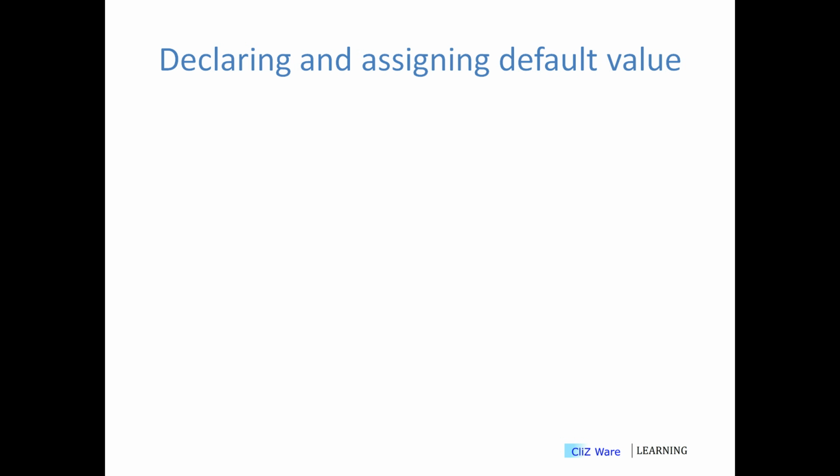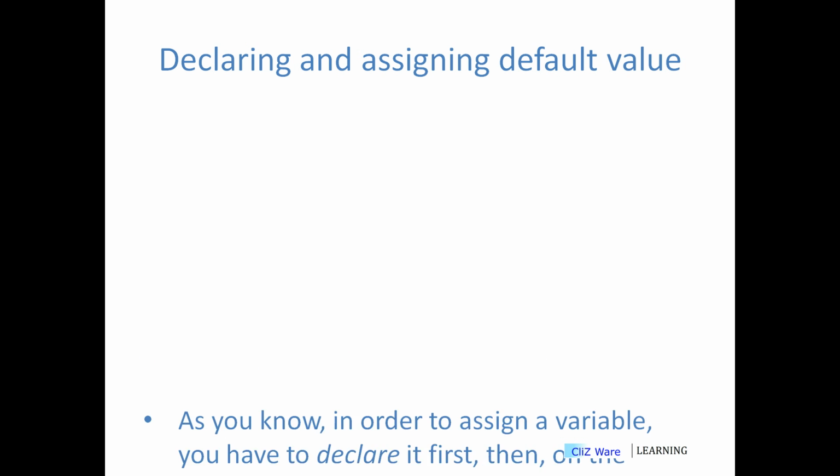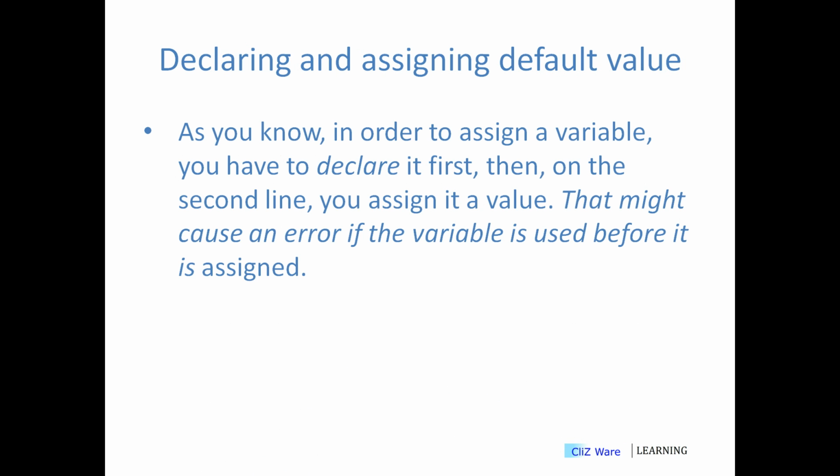So declaring and assigning a default value is really important. To assign a variable, you need to declare it first and then assign it a value. That might cause an error if the variable is used before it is assigned.